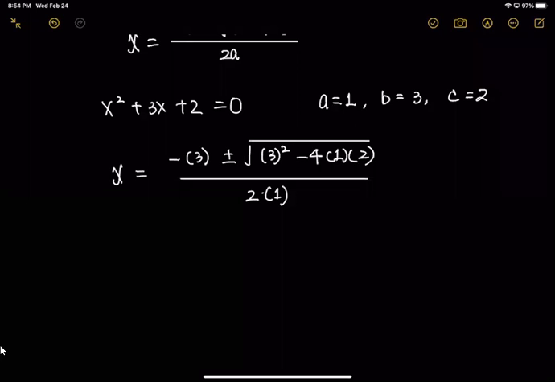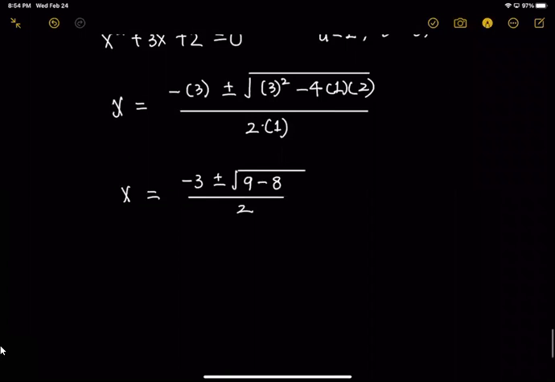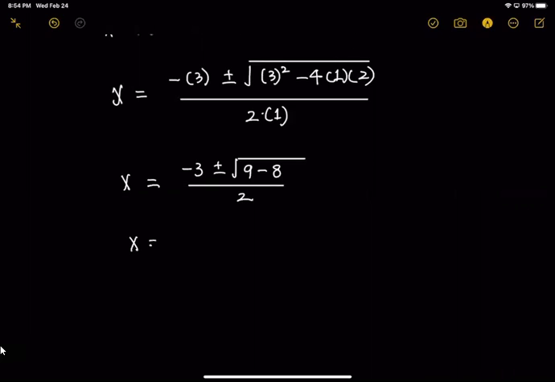Okay, now we simplify it. x is equals to negative 3, positive and negative square root of 9 minus 8 over 2. 9 minus 8 equals to what? Square root of 1. So square root of 1 is equals to 1.